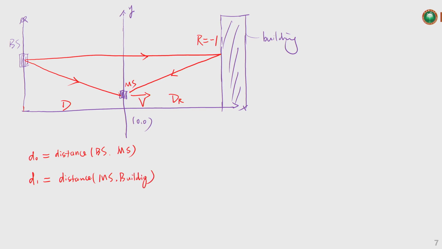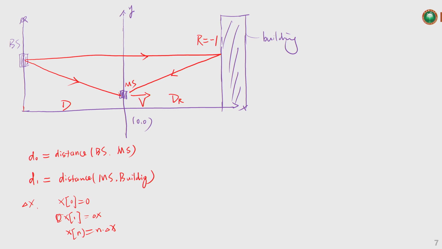Now we set the same thing: the sampling interval in the distance domain is delta x, so x0 equals 0, x1 equals delta x, and xn equals n times delta x.